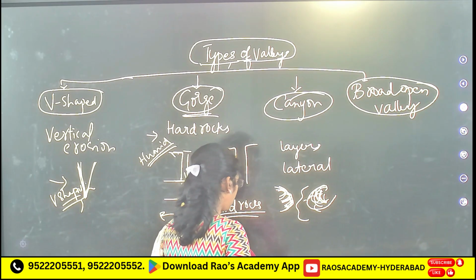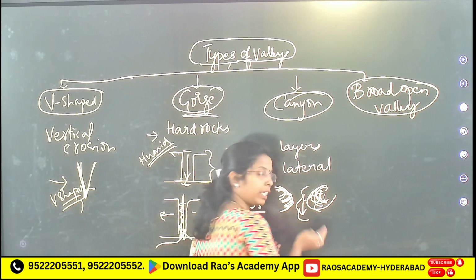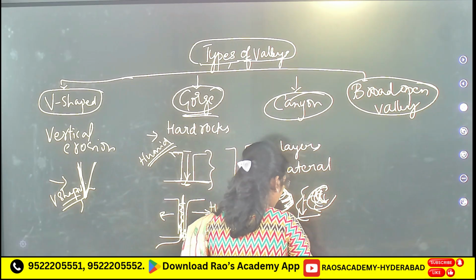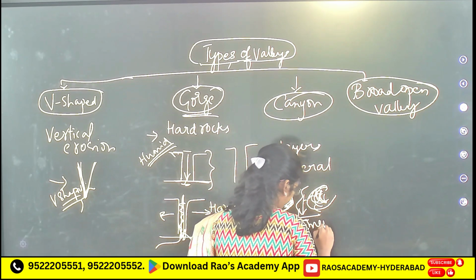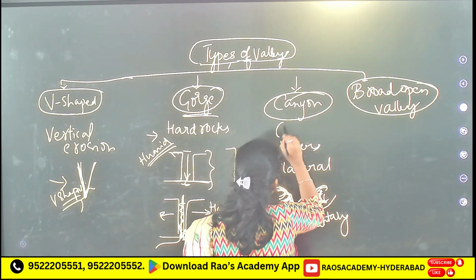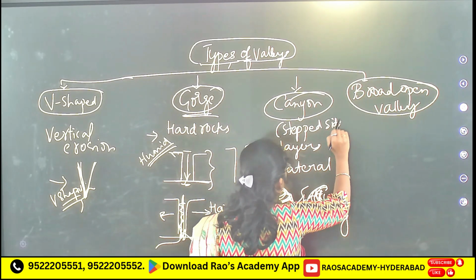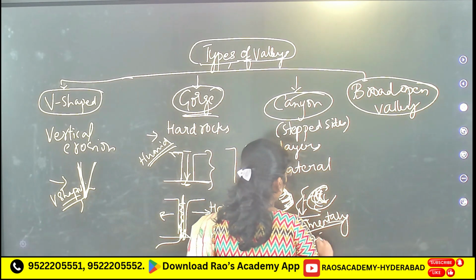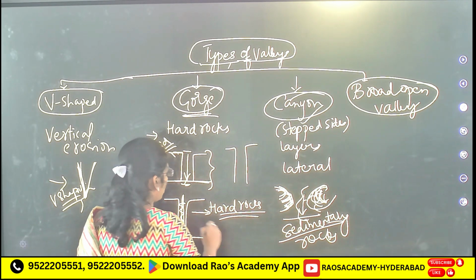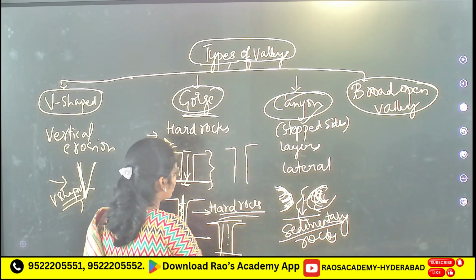Vertical erosion is strong, but you will see lateral erosion is also there, that is layer wise. This you will see in sedimentary rocks, where you will see stepped sides. In sedimentary rocks you will see canyon valley formation. Here in hard rocks, straight, top and bottom you will see the same width of opening.